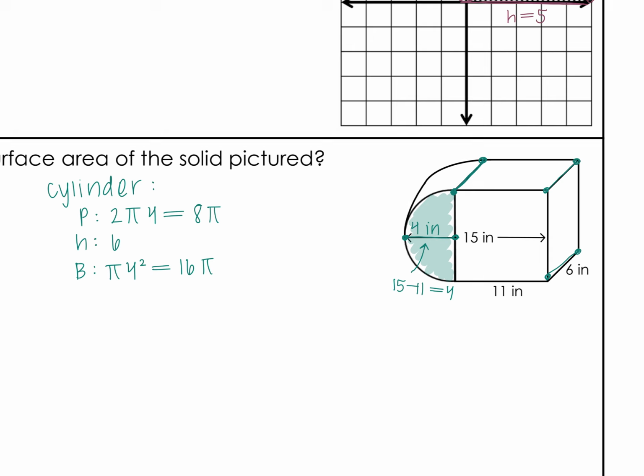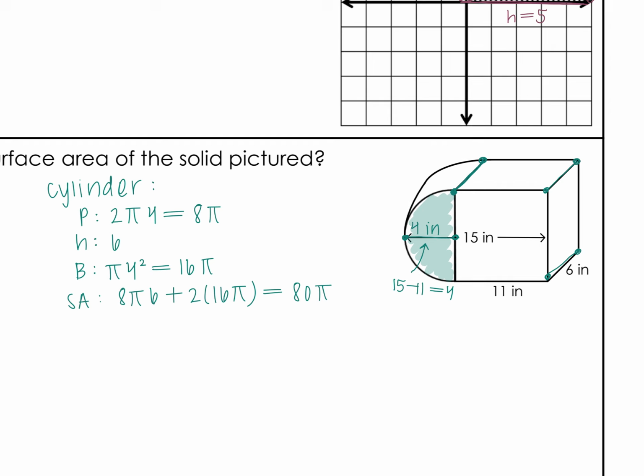All right, so plugging in for our surface area here, we would take that Ph, so 8 pi times 6, plus 2B, 2 times 16 pi. And so that 8 times 6 is going to give me 48 pi, plus we'll get 32 pi here, which is going to give me 80 pi.